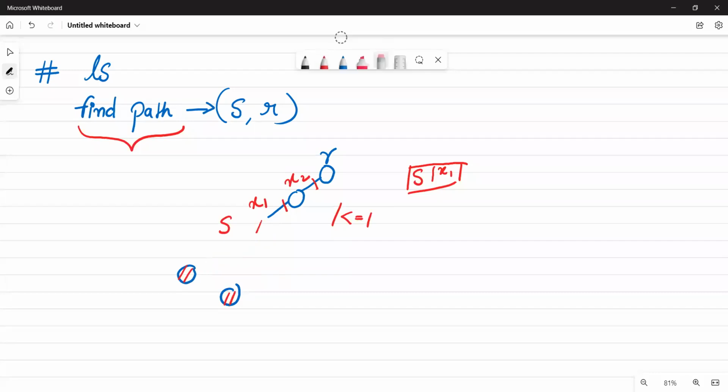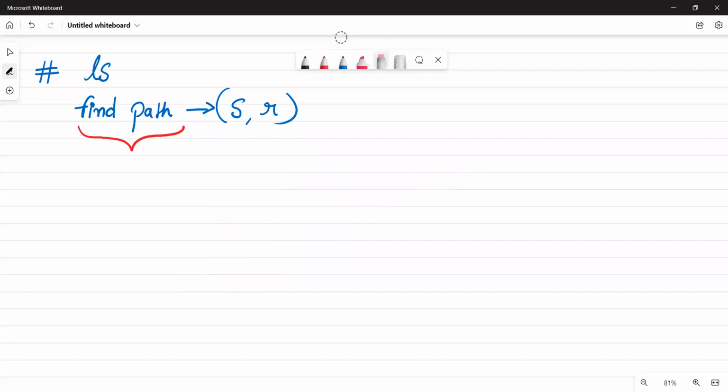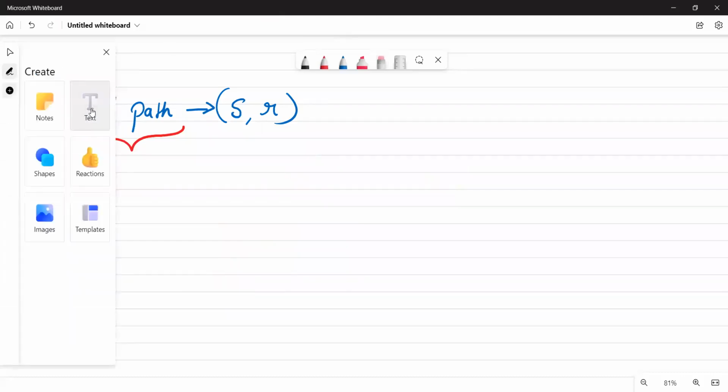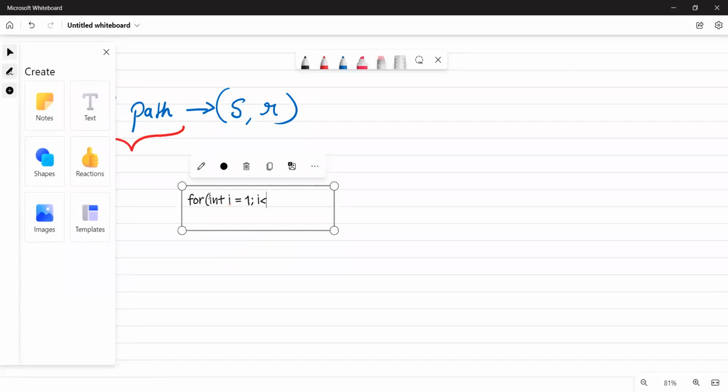If this is clear to you guys, then you can write the find path function on your own. I have already told you how to write the find path function, right? After that, I'll quickly write the code here. You will iterate over your list, L dot size, you can manage it.